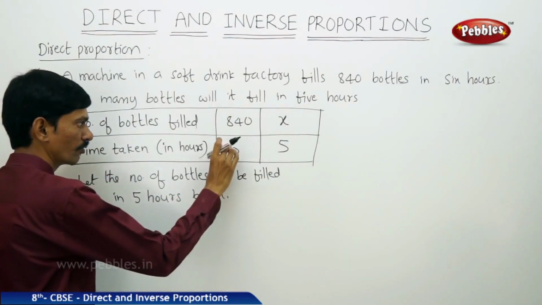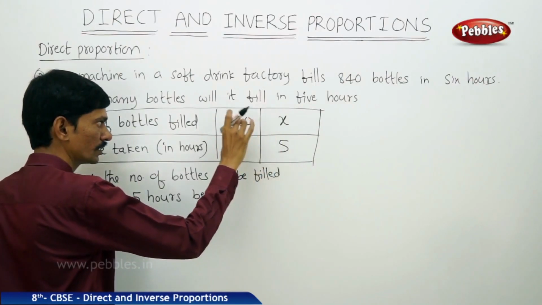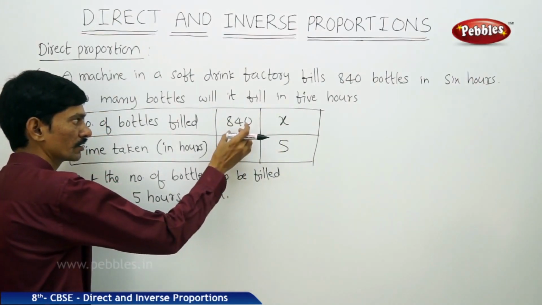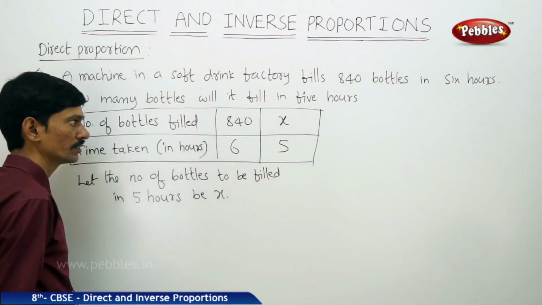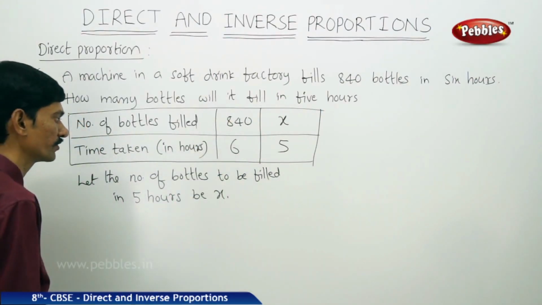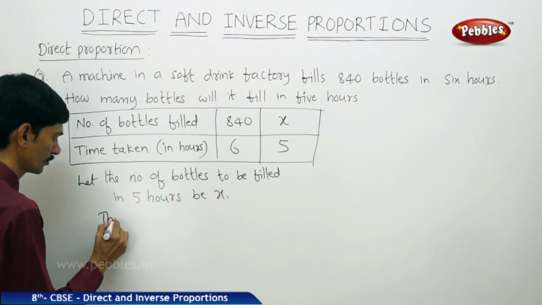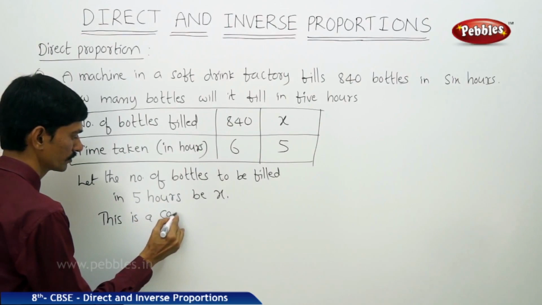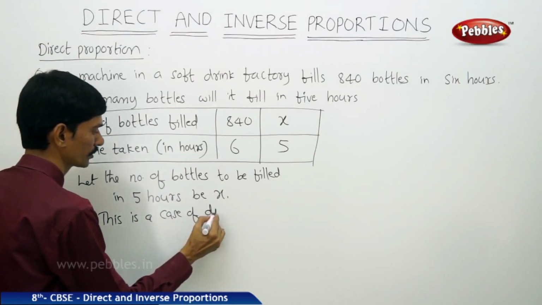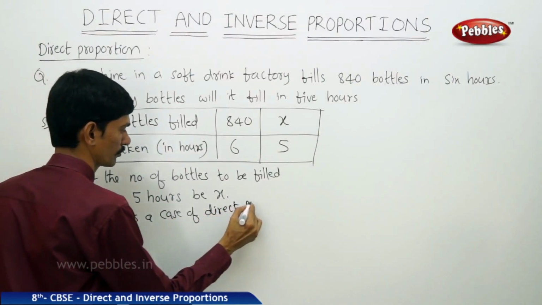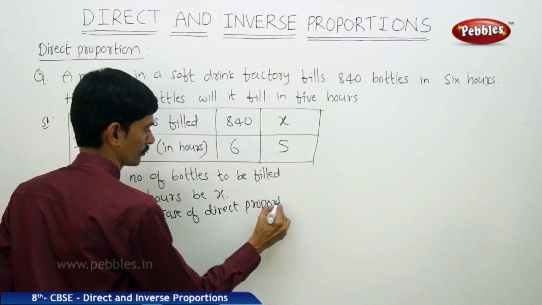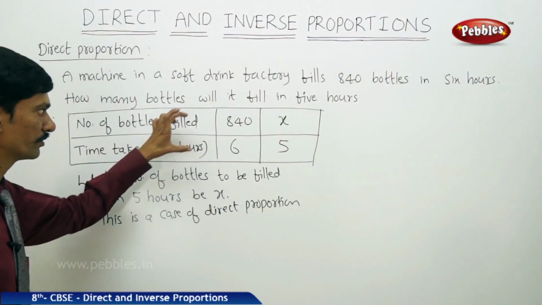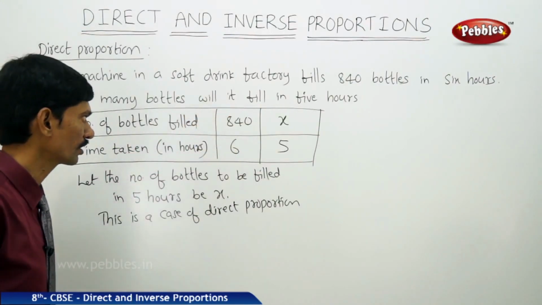Now if one quantity decreases, then the other quantity also decreases, such that the ratio between these two quantities remains a constant. So this is the case of direct proportion. So in direct proportion, the ratio between two quantities remains a constant.